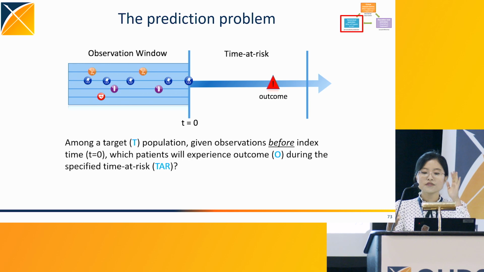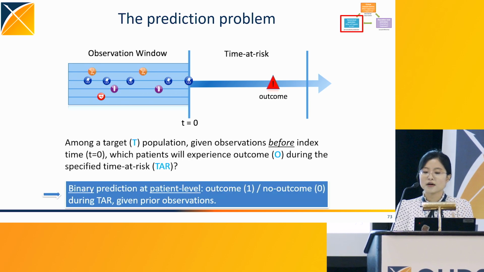So given the drug or the treatment administered at time zero, the index time, the prediction task is about telling whether or not a certain patient or whether or not a certain set of patients will experience an outcome of interest during a specified time at risk window. So it's really about predicting whether or not something of interest will happen.